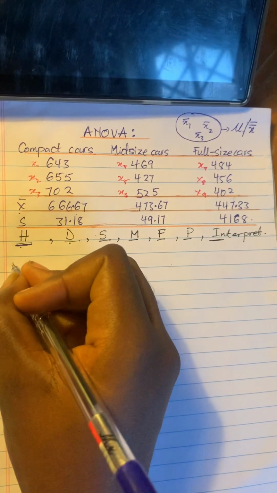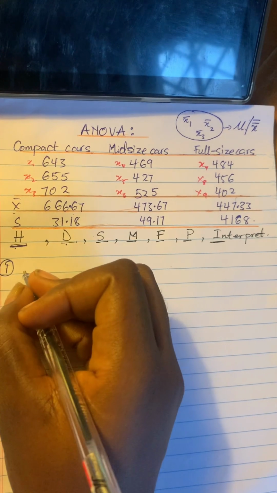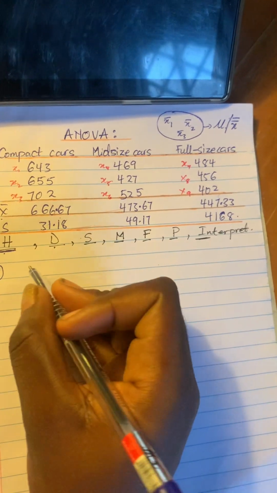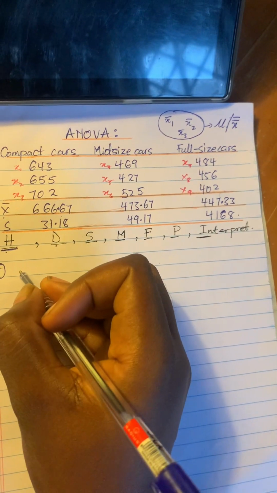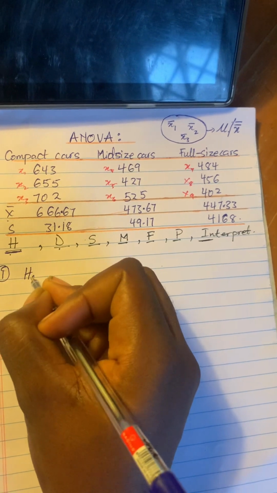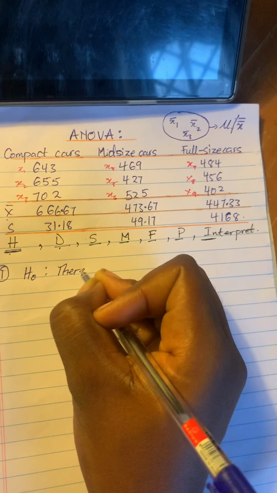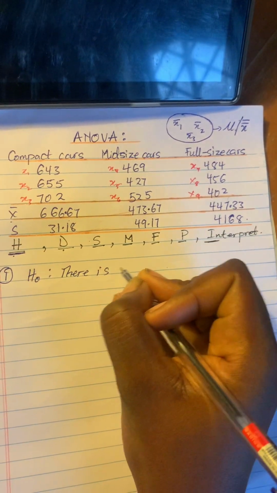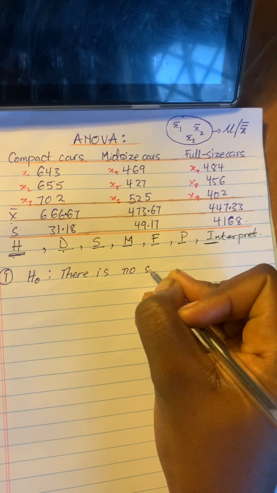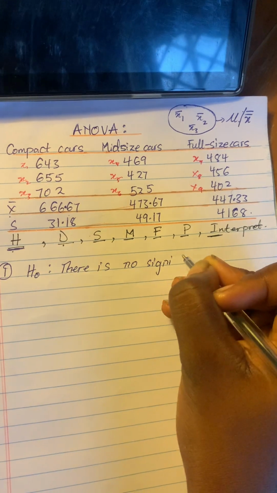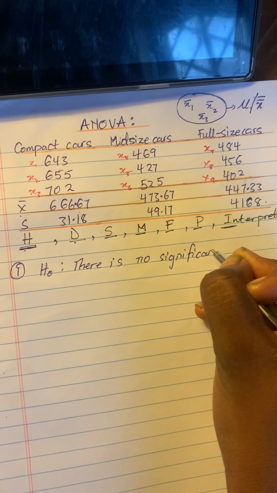So in stating our hypothesis, which is our first step, this hypothesis is a tentative claim that informs our study. So we start with the null hypothesis. With our null hypothesis, we believe that whatever it is that we are going to test doesn't exist.